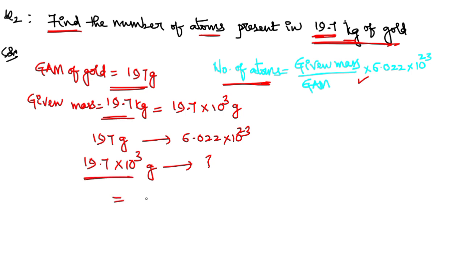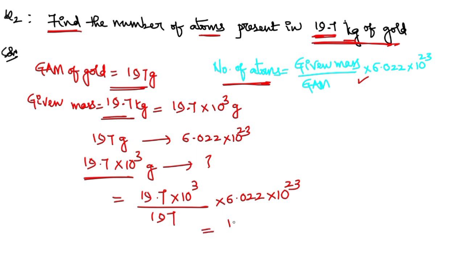For this I am going to do like this, 19.7 into 10 power 3 by 197 into 6.022 into 10 power 23. So it can be written as 197, and the point moves, because the point is removed, it will become 10 power 2, 10 power 2 into 10 power 23.